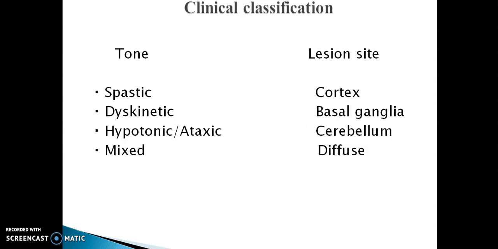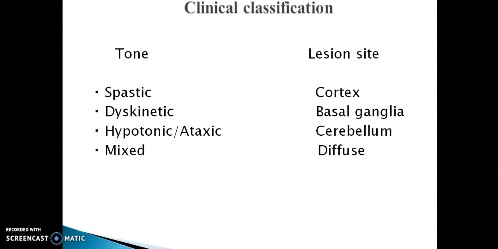Some children will have a combination. They will show spasticity in one area, maybe the lower limb, and they will show hypotonia of the trunk. So this kind of clinical presentation in abnormal muscle tone can be classified as mentioned above.